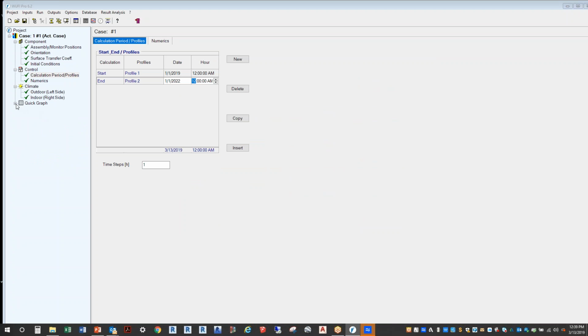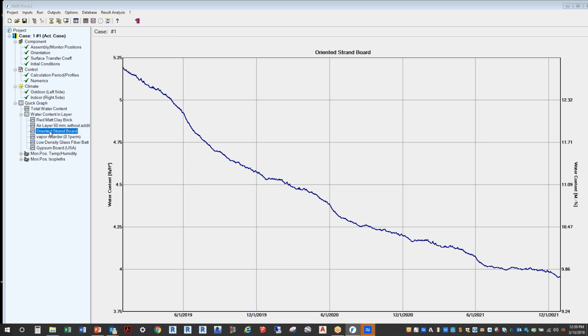So let's look at the individual materials. Let's look at the strand board. Again, this is 19, 20, 21, so 3 years of time. It started off above 12% and ended at 9%, which is okay. So this wasn't as bad as we're thinking it might be.